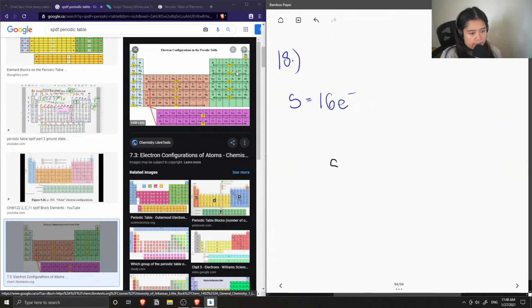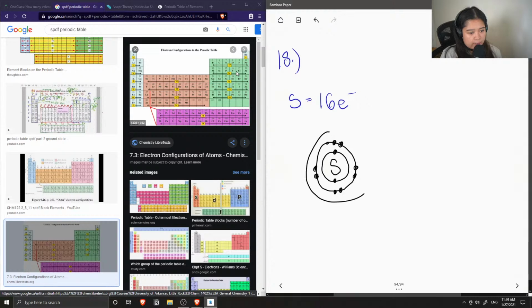So if we try to draw out this atom of sulfur, it'll have 2 electrons in this innermost shell, and then 8 electrons in the next shell.